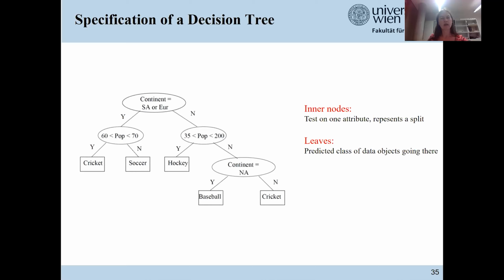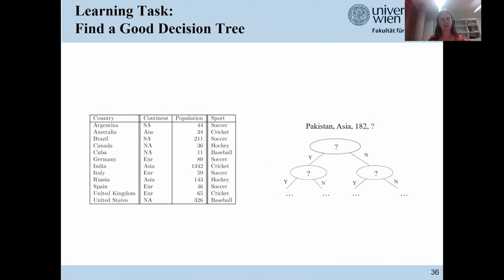And the leaves represent the predicted class of all data objects which go into that branch, or finally into that leaf of the tree.